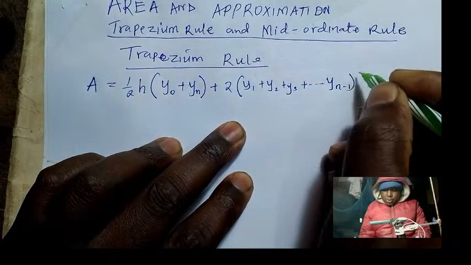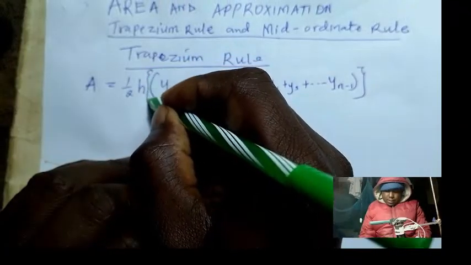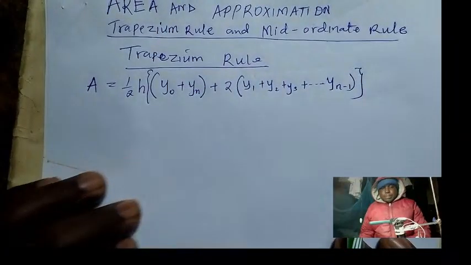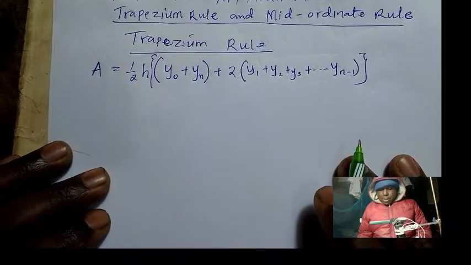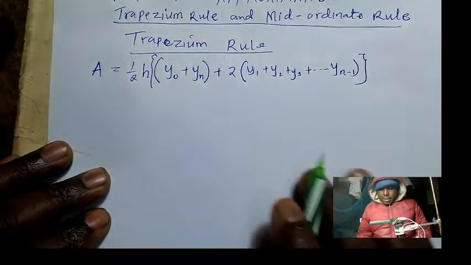You close the bracket, you close the big bracket. Now this is the area using the trapezium rule.